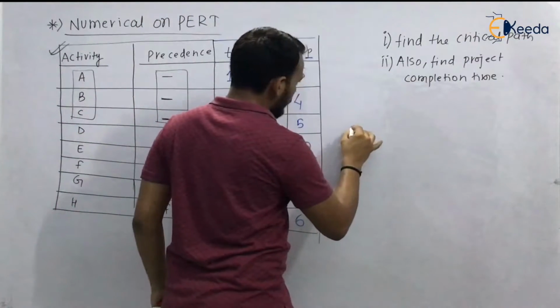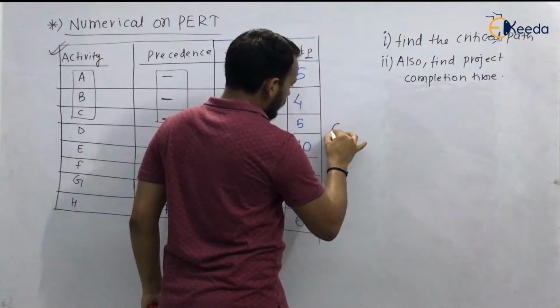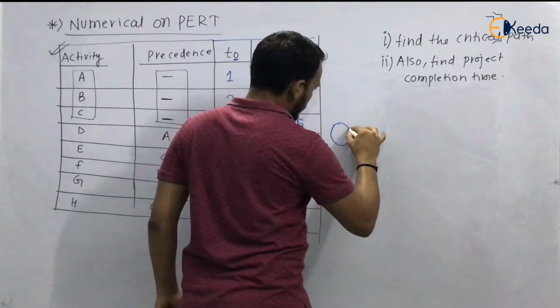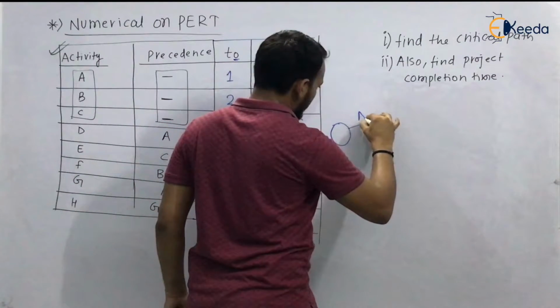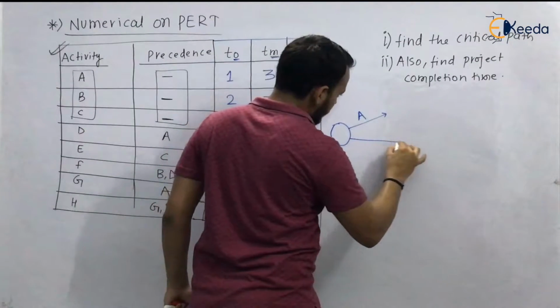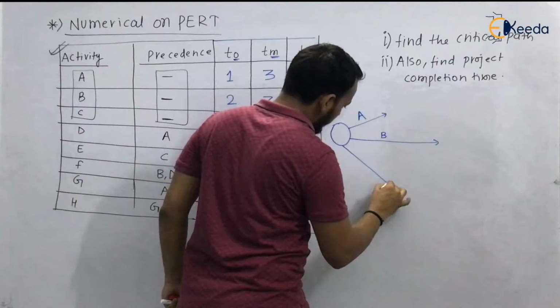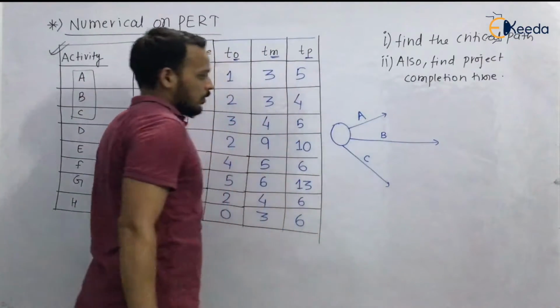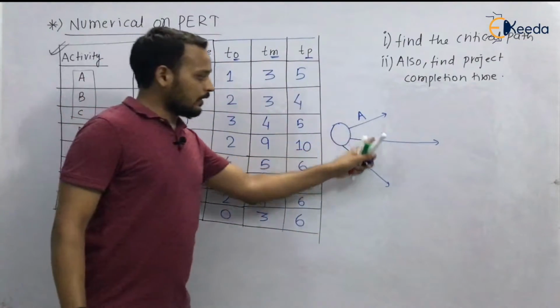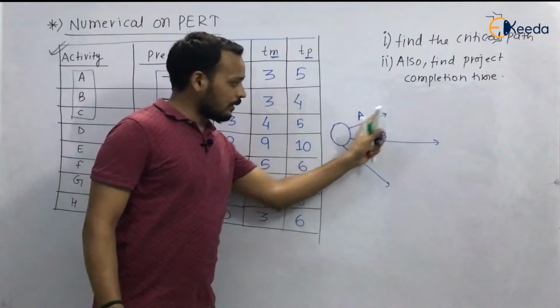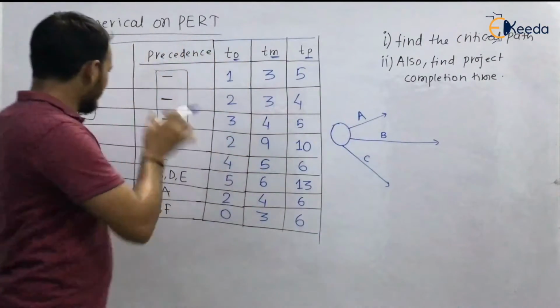So activity A, activity B, and activity C. Why? Because these activities do not have any precedence, so they can be started simultaneously.